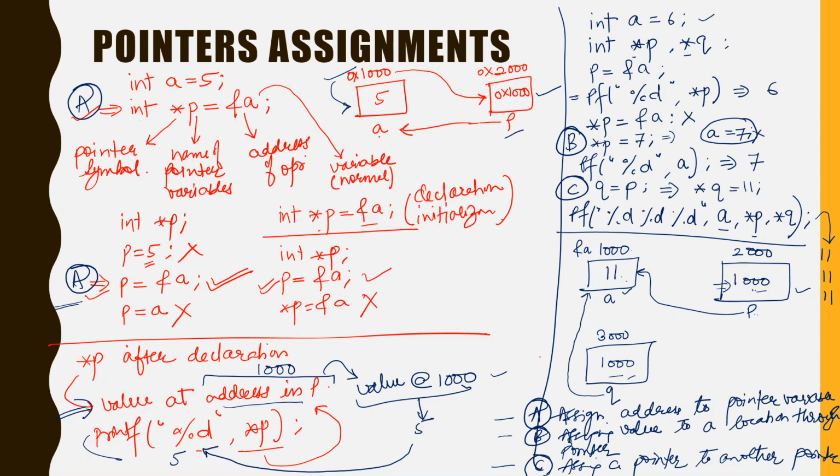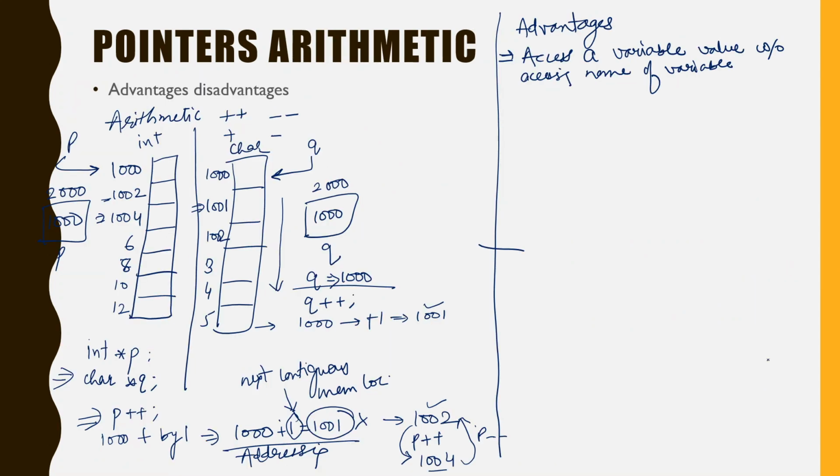Now we accessed the value of a, and we also changed the value of a without even accessing a. In this program I have never assigned any value to a, and even after that we are able to change and even access the value of a. So this is the most important advantage and prime application of pointers, right?